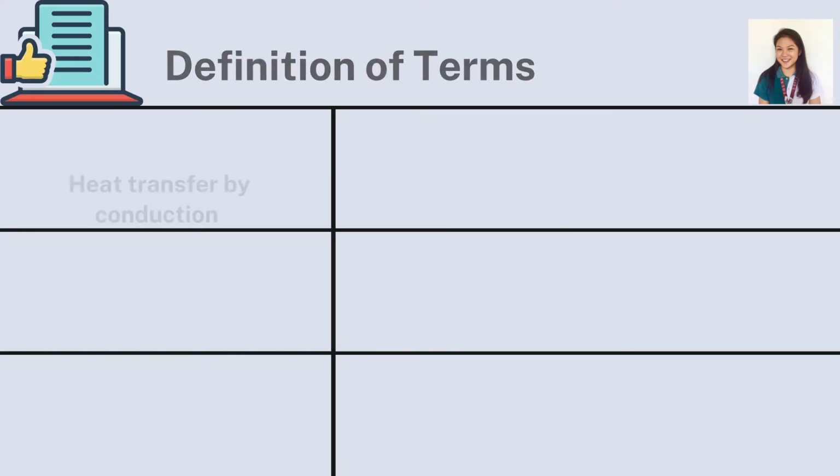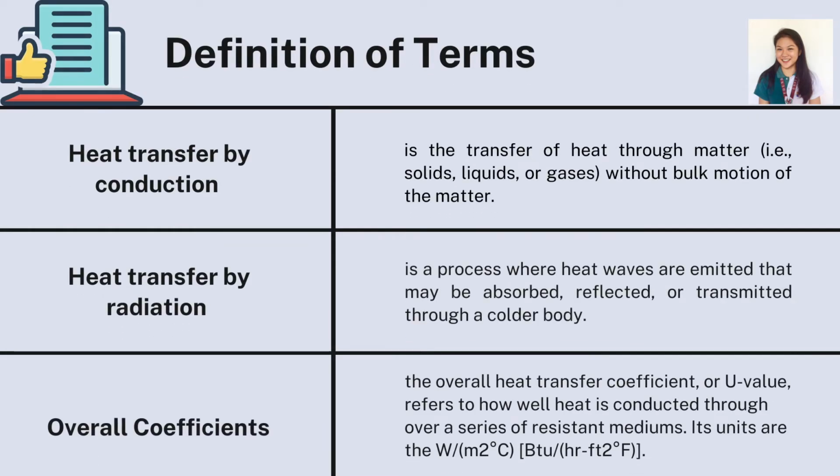For the definition of terms, heat transfer by conduction is a transfer of heat through matter such as solids, liquids, or gases without bulk motion of the matter. Heat transfer by radiation is a process where heat waves are emitted that may be absorbed, reflected, or transmitted through a colder body.